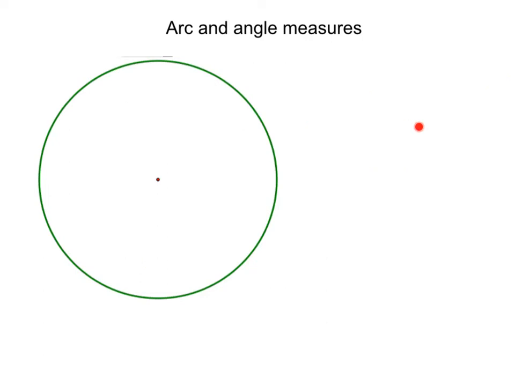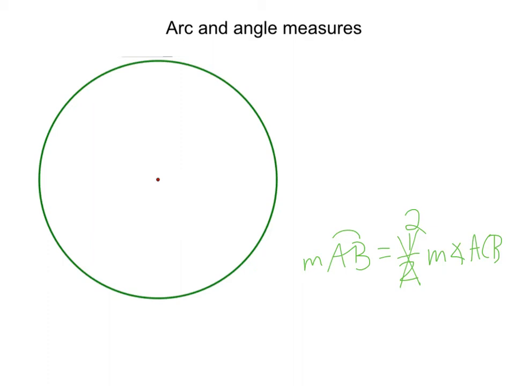So if we look at the relationship between these two, in the end we can say that the measure of arc AB is equal to half the measure of angle ACB. So in general, an inscribed angle is half, I'm sorry, I did that backwards. This should be double.